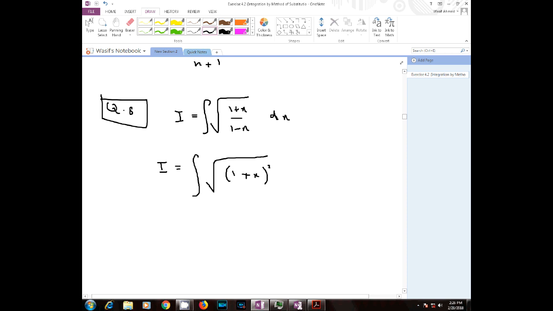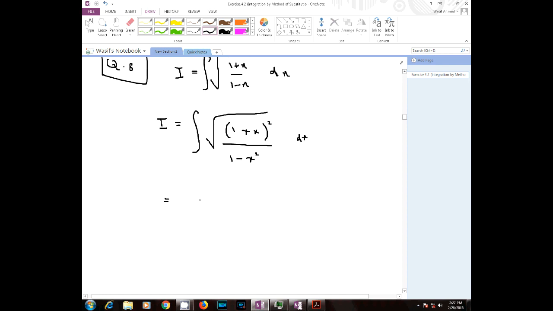You would get (1 plus x) whole square divided by 1 square minus x square, that is 1 minus x square, and the square root gets cancelled with the above term, and you have simply (1 plus x) divided by square root of 1 minus x square.